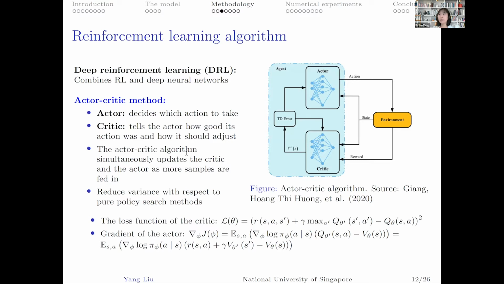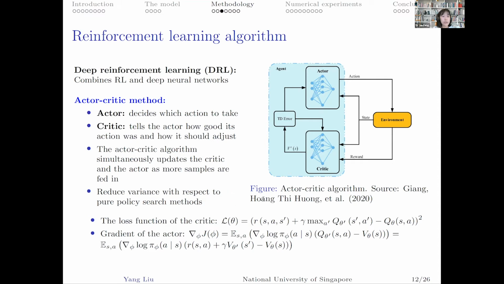The policy network, which is the actor, is responsible for deciding what action to take based on the observation. Each of the actor and critic has a deep neural network, which combines reinforcement learning and deep neural networks so that we can make the decision using the A2C algorithm.